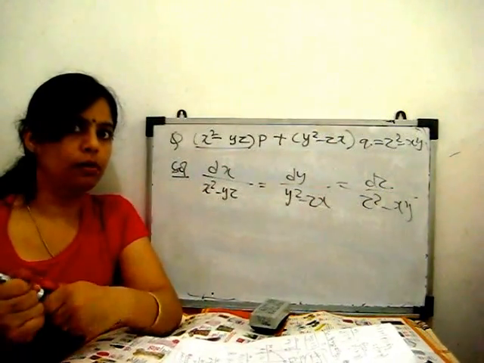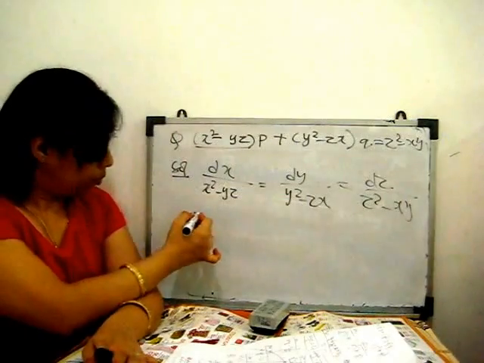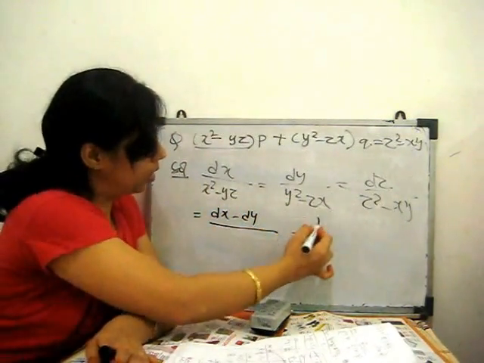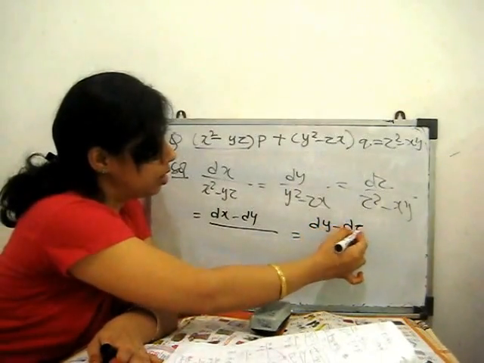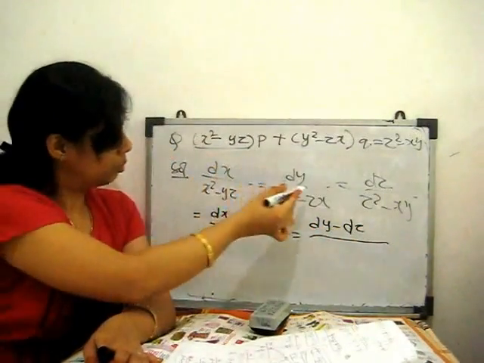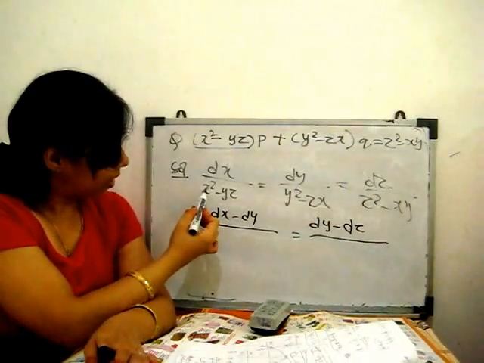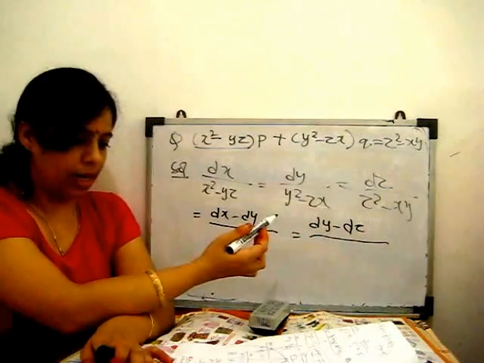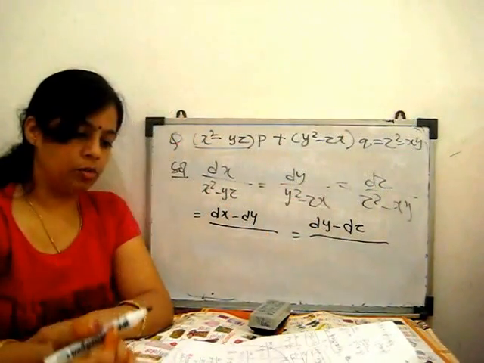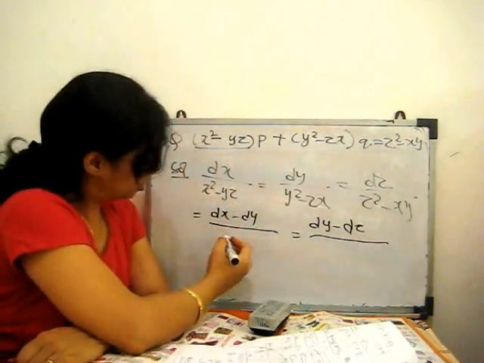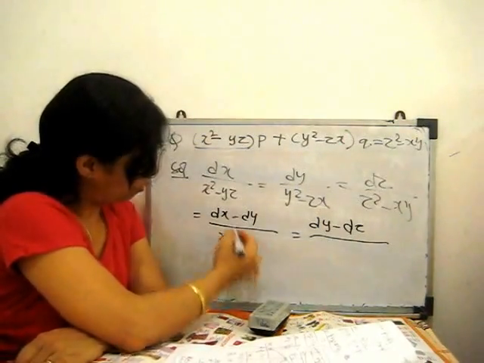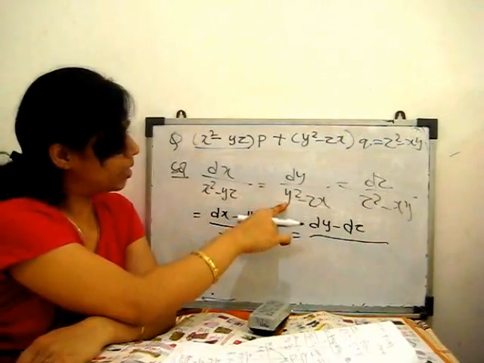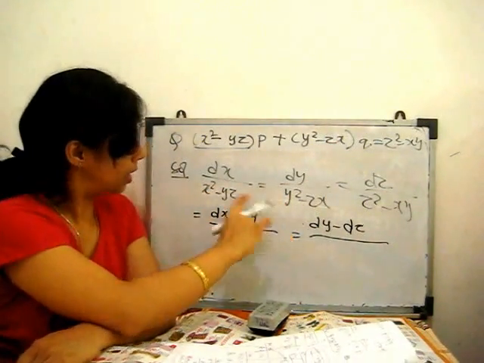Now in this question, I make two expressions: one is dx minus dy, and the other is dy minus dz. So dx minus dy over x square minus yz minus y square plus zx. When we solve it, x square minus y square is x plus y times x minus y.